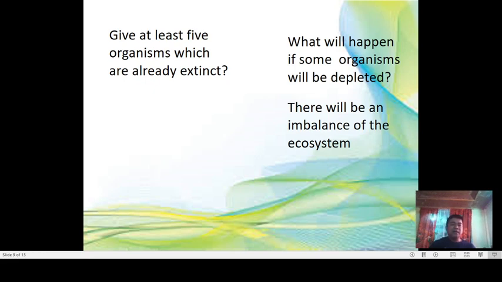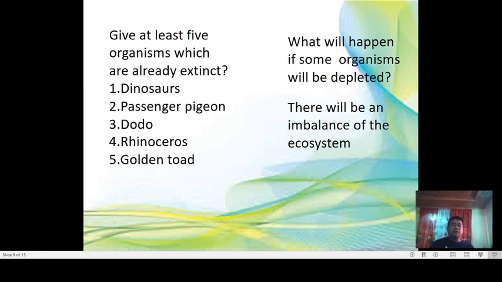Next, give at least 5 organisms which are already extinct. When we say extinct, they no longer exist. They are the dinosaurs, passenger pigeon, the dodo, rhinoceros, and golden toad.